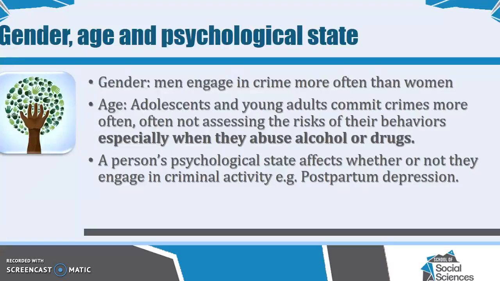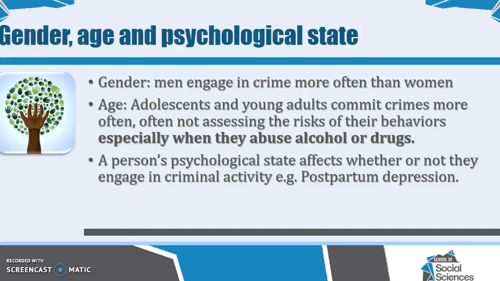And related to part 1 of this module, remember that this age group also tends to use and abuse alcohol and other drugs more. So we see that the use and abuse of alcohol and other drugs directly relates to criminal activity, because adolescents and young adults engage in risk-taking behavior.